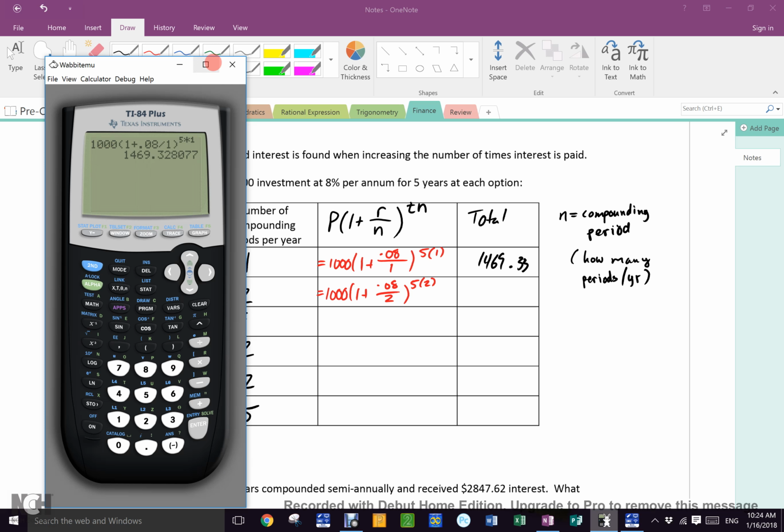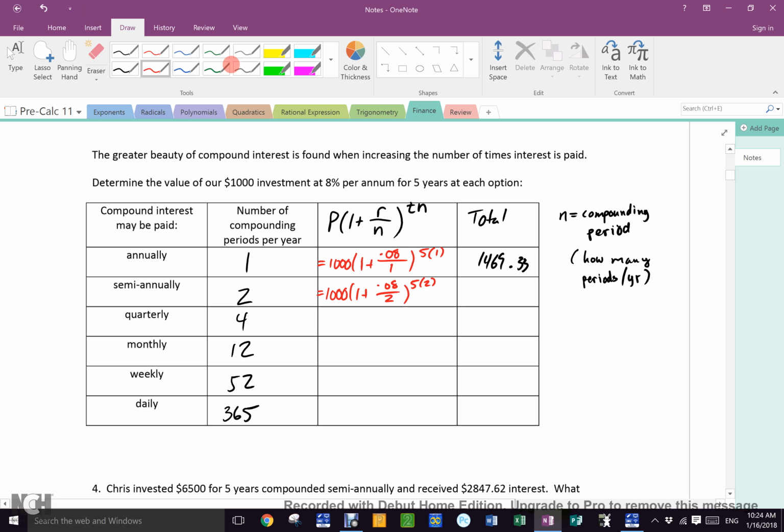So what do you get for an answer? $1,400? Yep. 1,480.24.